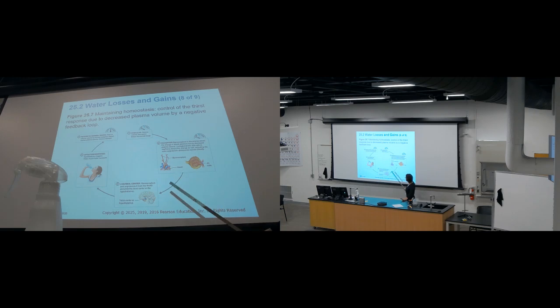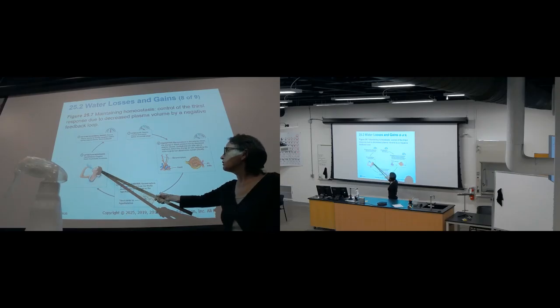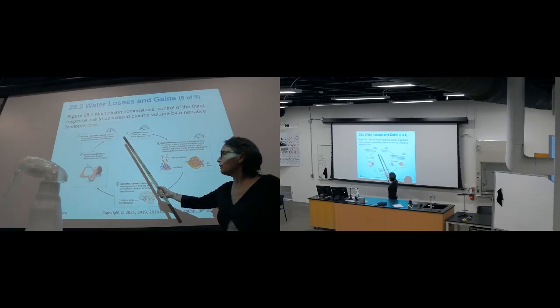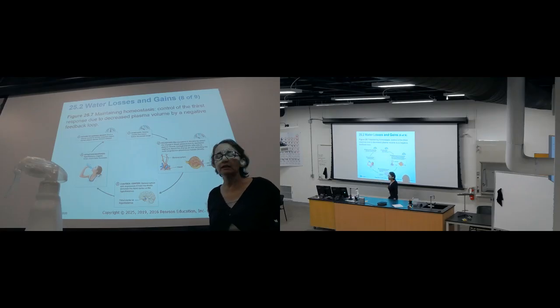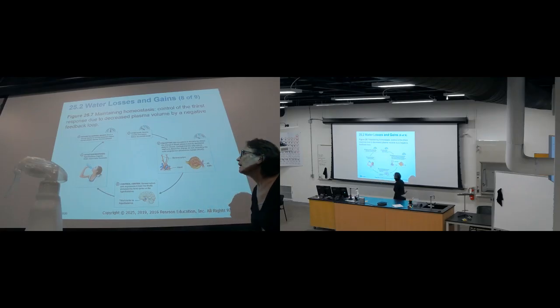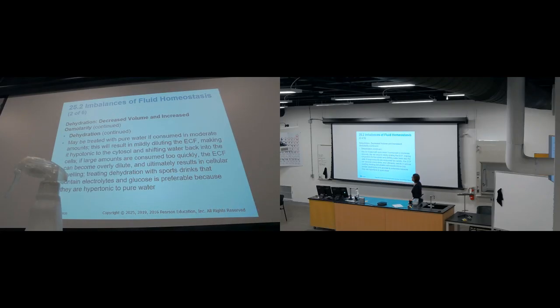But something that happens along the way is a stimulus of the thirst center in the hypothalamus. So the person will drink water, and then the water is reabsorbed by the kidneys, which returns the blood volume. So that's an example of feedback and how to maintain homeostasis.